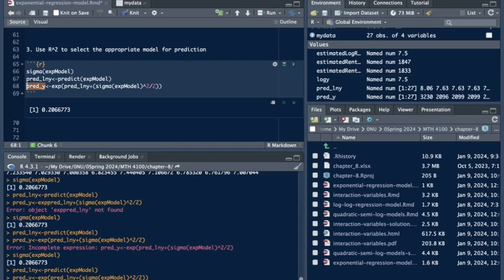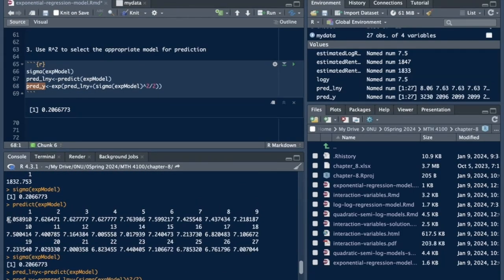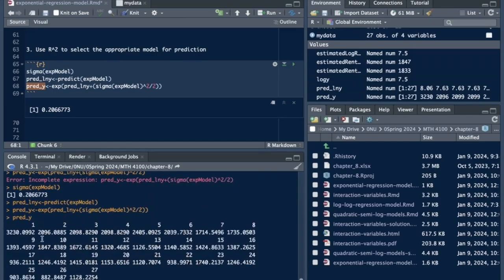Let me copy it and show it to you. Now do you remember these? These are the log rent, the log y, or the ln y. Ln is the natural log, which is the one that we use. Log in R is the natural log. So this is the log of the rent values for the 27 houses, the estimated ones, and these are the estimated rent values, using this formula.